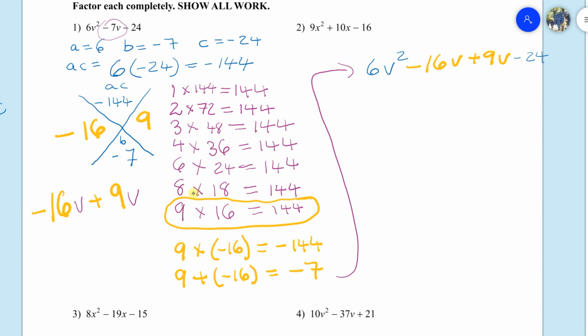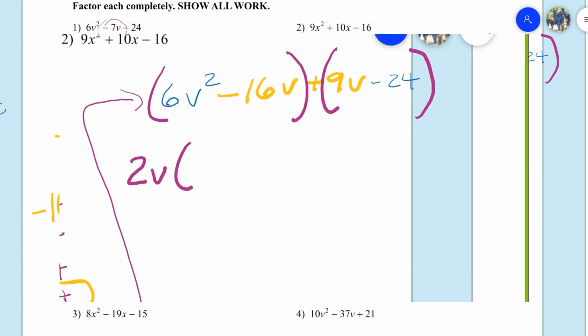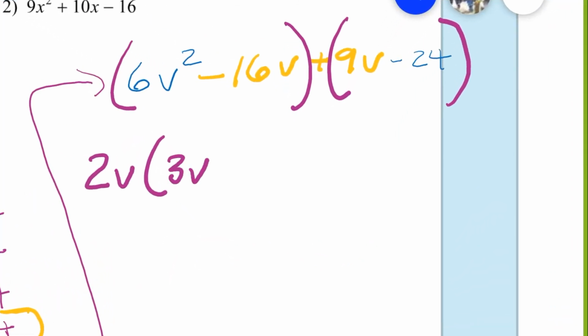Because I have my 4 terms, I'm going to actually do my grouping now. Remember to group. Alright, we group those and we're going to factor these now. 2v, we have 3v here, and then we have negative 16v, minus 2v will get negative 8. And over here we'll take out positive, that's that positive right there.